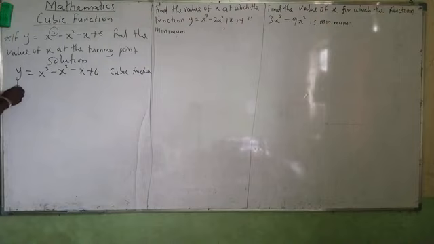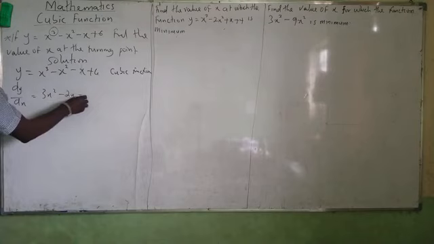Now, dy/dx equals 3x squared minus 2x minus 1.